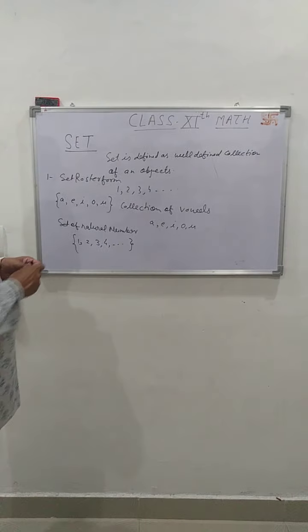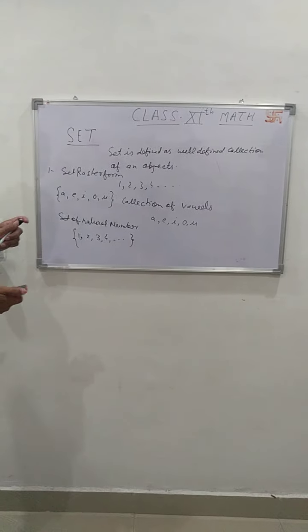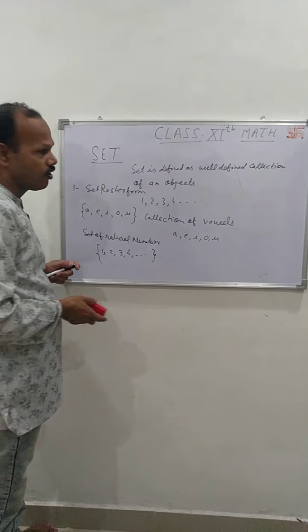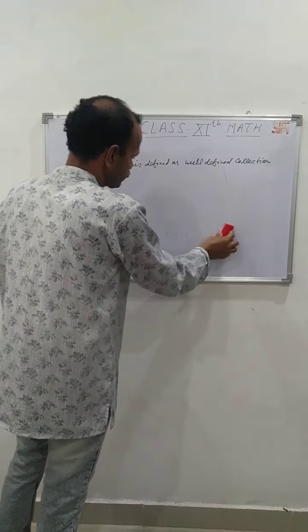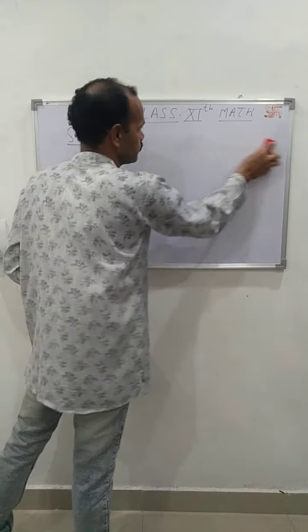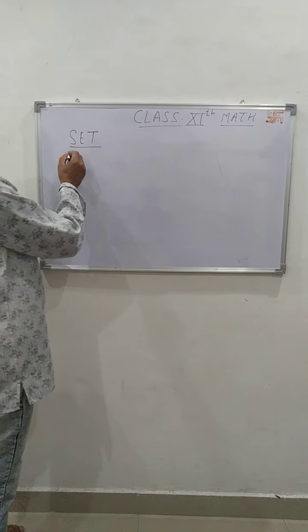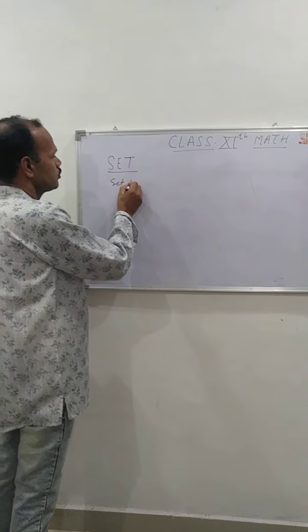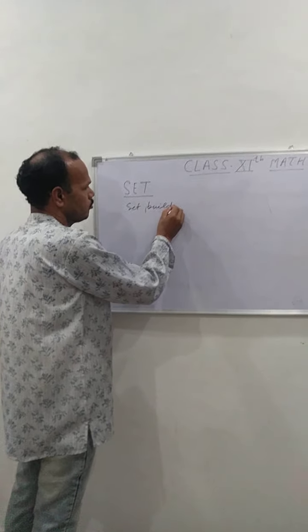The second method by which we can represent a set is said to be set builder form.